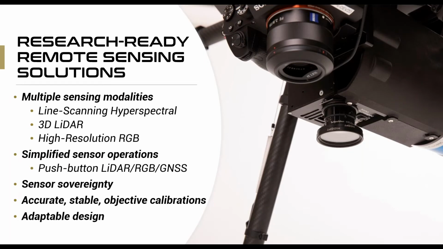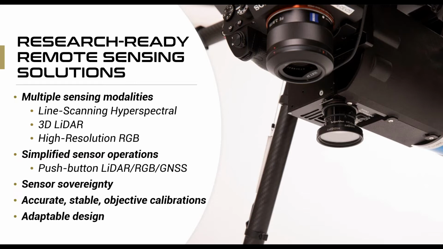I want to talk a little bit about some of our specific remote sensing solutions for our research customers. Griffin's working with multiple sensing modalities, either line scanning hyperspectral cameras, 3D LiDAR, high resolution RGB cameras, thermal imagery, and of course, GNSS inertial solutions from Applanix.